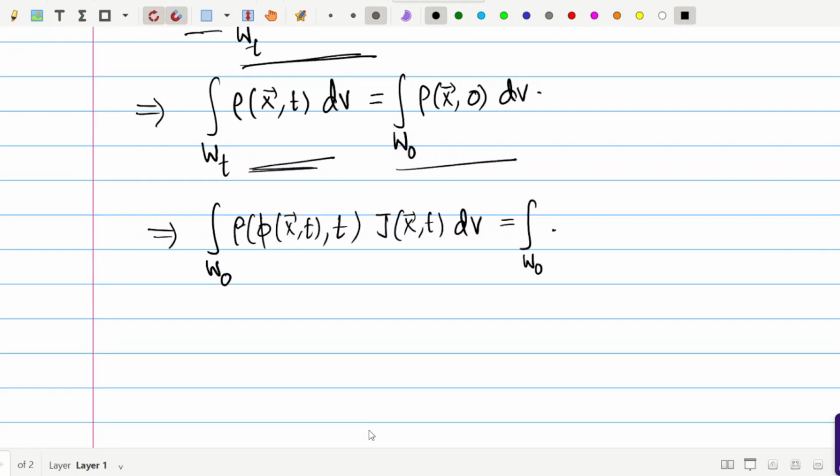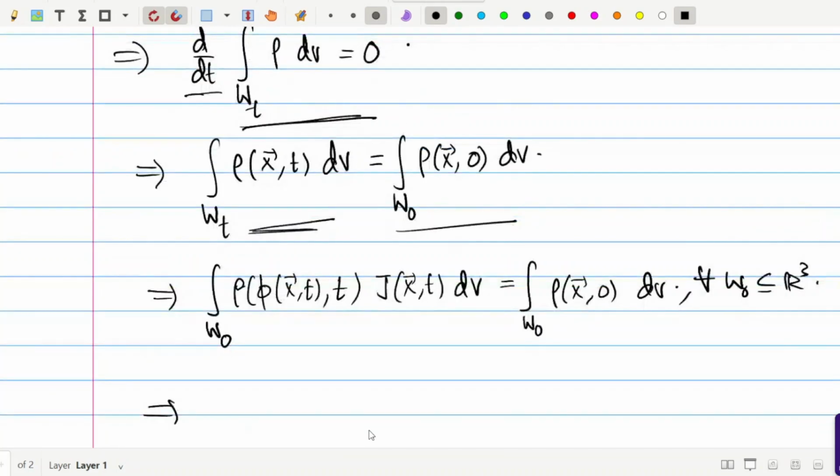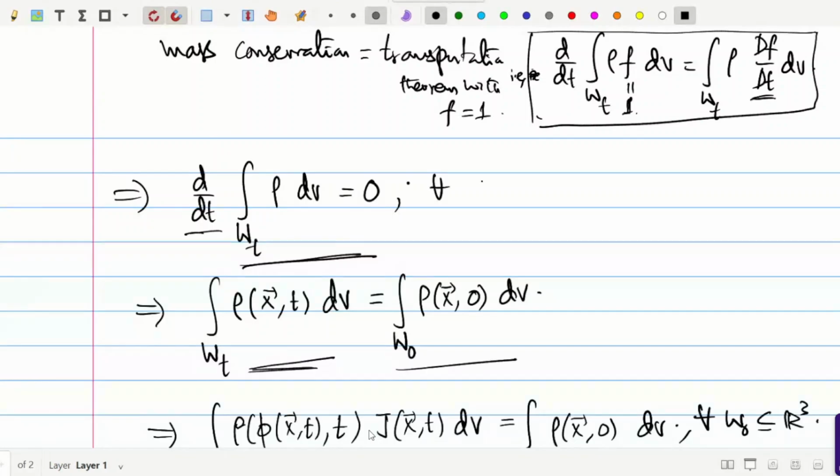What is the right hand side? You'll have rho of (x, 0) dV. Now this is true for every W0, right? W0 in R3, isn't it?